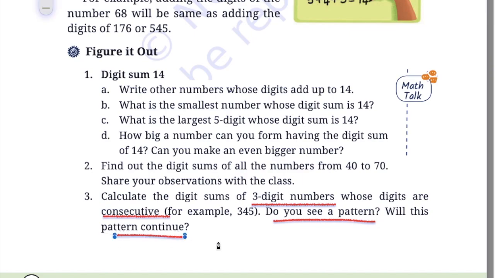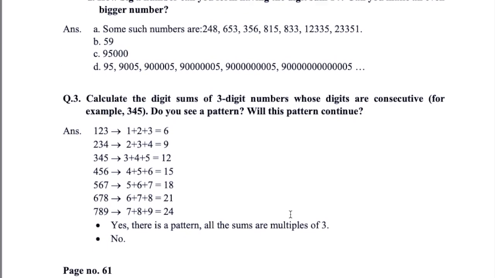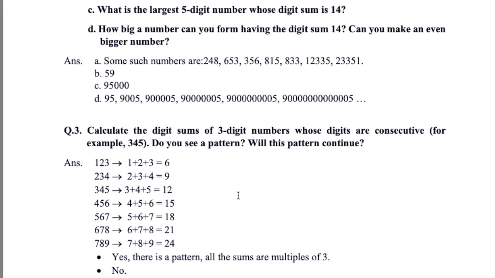As you can see, you can have 2, 3, 4, then 3, 4, 5, then 4, 5, 6, like this, consecutive numbers. If I take 1, 2, 3, 1 plus 2 plus 3, 6. Then 2, 3, 4. Next will be 3, 4, 5, 4, 5, 6, 5, 6, 7, 6, 7, 8, 7, 8, 9.